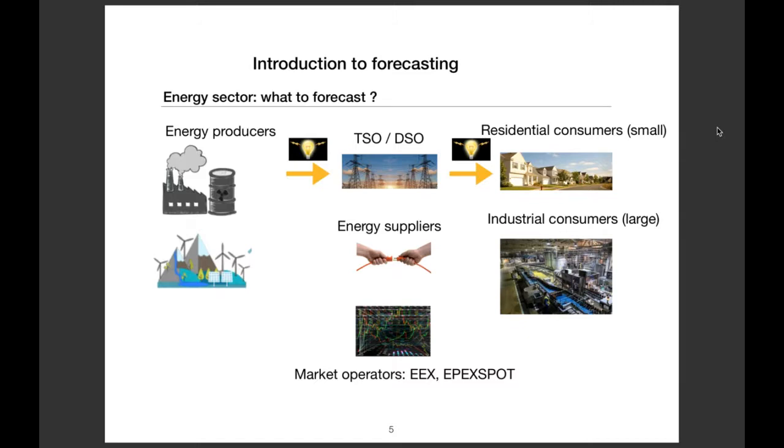Then from the main grid, it goes to the residential consumers or industrial consumers, etc. You have also the energy suppliers. The energy suppliers provide you energy by making a contract. They can make a contract with an energy producer to buy energy from a producer, and then they can sell the energy to some consumers, or they can buy energy on the market. So they are also market operators. So it is to show you the main actors of the energy sector: the energy producer, the TSO or DSO that transport and distribute the electricity, the energy suppliers, the market operators, and the consumers.